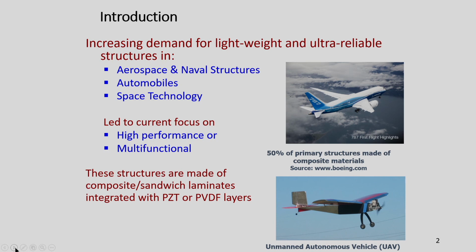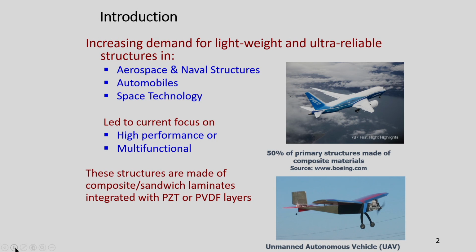Smart structures are extensively used in lightweight and ultra reliable structures: aerospace, naval structures, automobile and space technology. And we need high performance or multifunctional structures, as I said in the opening of this lecture. If we have only structural function, composites are very good, they give tailorable properties and we are able to design a lightweight structure.